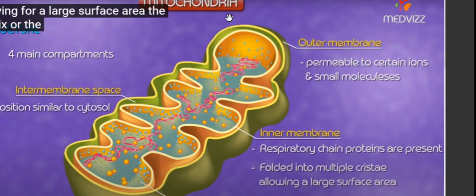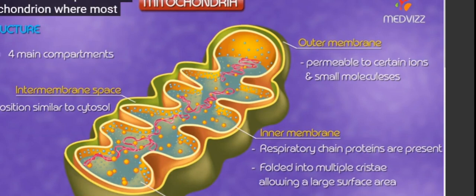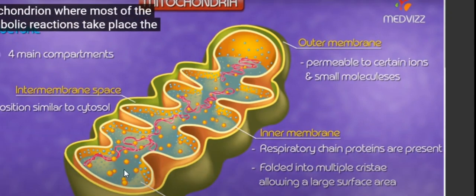The matrix is the inner part of the mitochondrion, where most of the metabolic reactions take place. Cytoplasm is the fluid of the cell, but this fluid or medium of the mitochondria is called the matrix, in which most of the metabolic reactions occur.